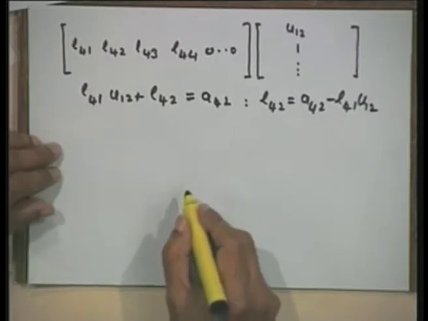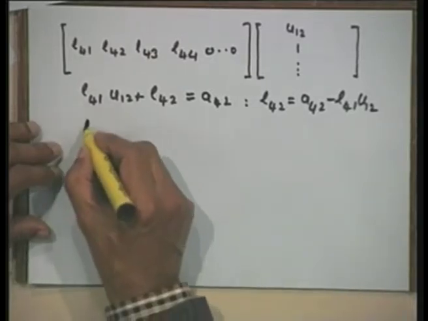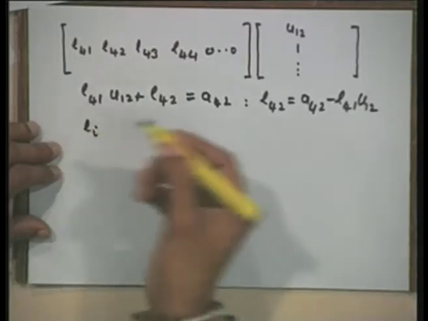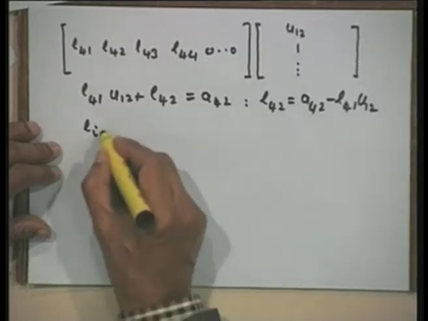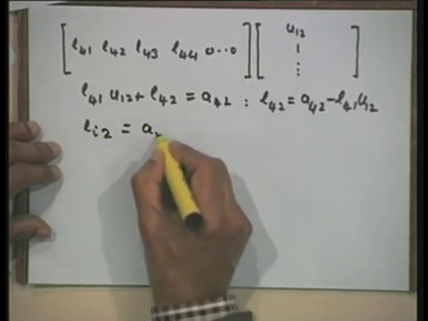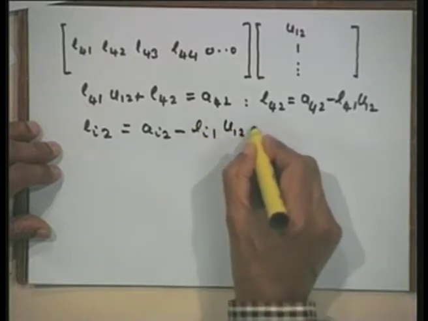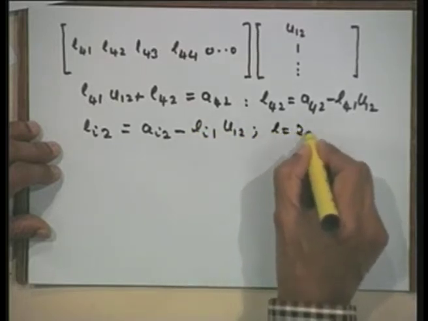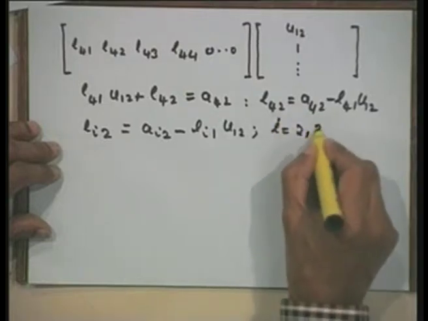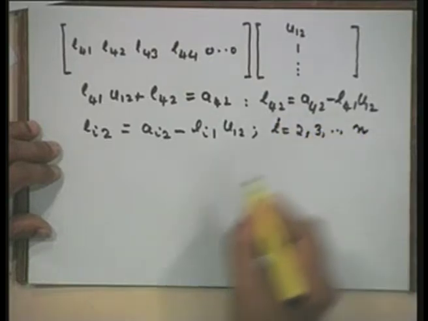Now, from this I can generalize: Li2 is Ai2 minus Li1 U12, i running from 2, 3 so on to n.